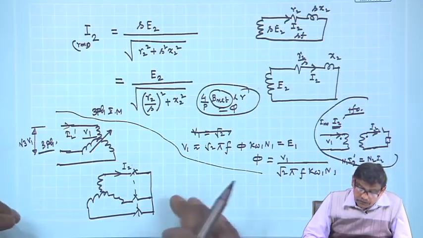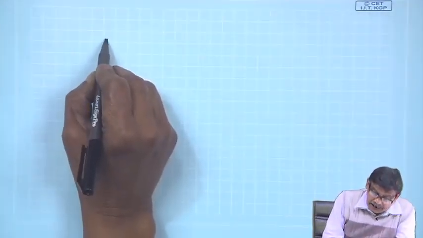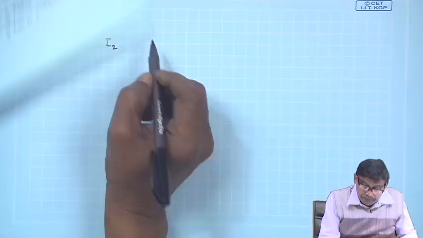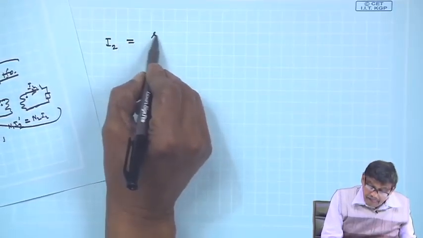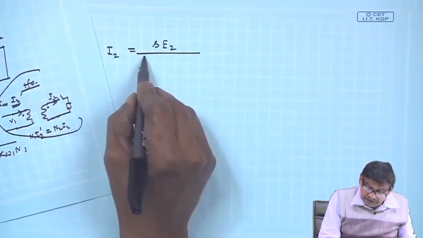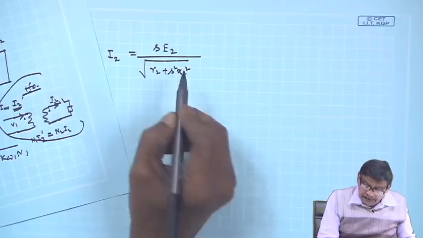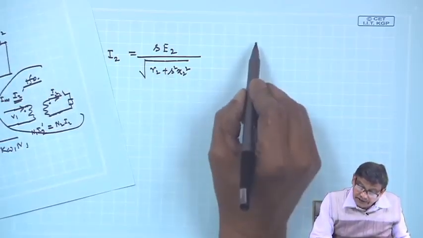Now, why have I spent so many words? Simply coming back to this equation, we have seen that I2, the actual rotor current, is like this, and this is the case when the machine is running.